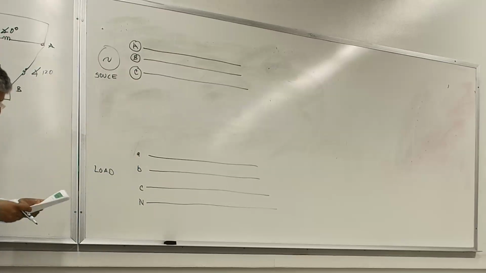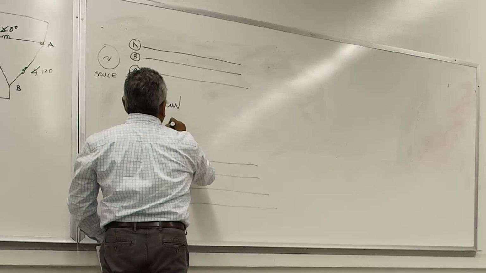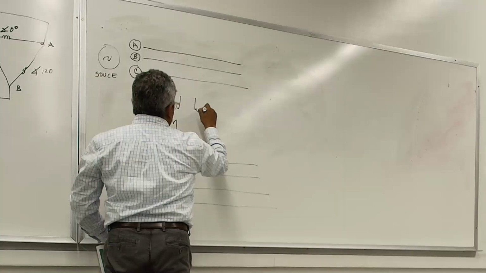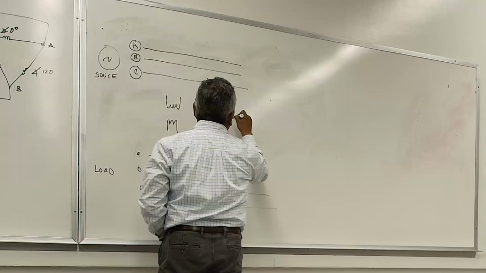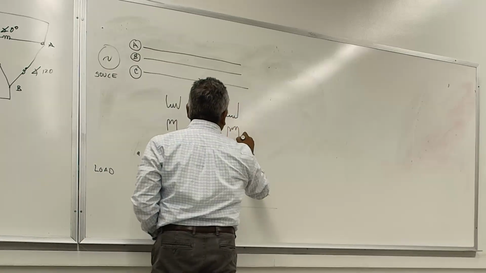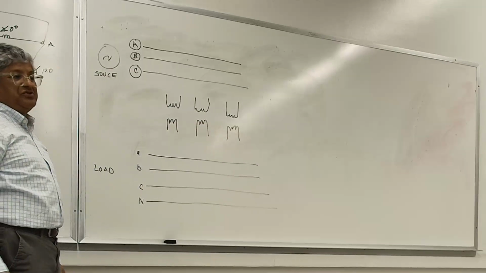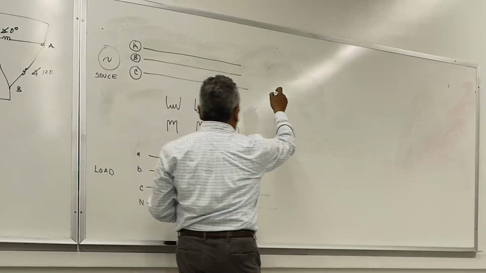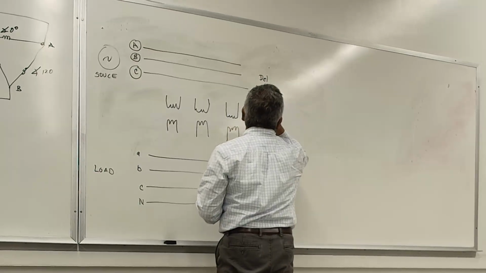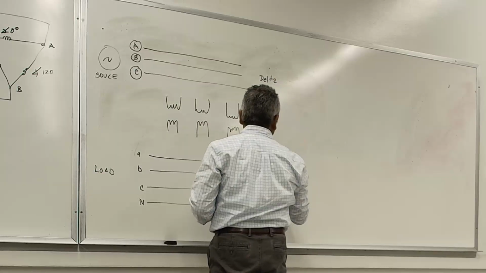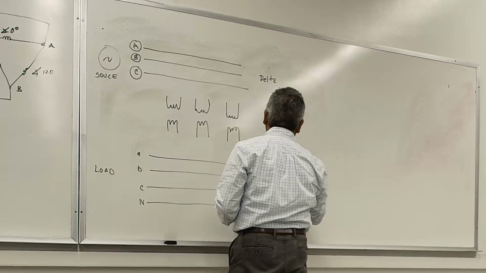Now you can take, once again, three single-phase transformers in three separate boxes, as an example. With three single-phase transformers, you can build any type of connection that you want. In this case, we're going to say this is going to be a delta on the source side, the primary in this case. And then Y grounded on the secondary.